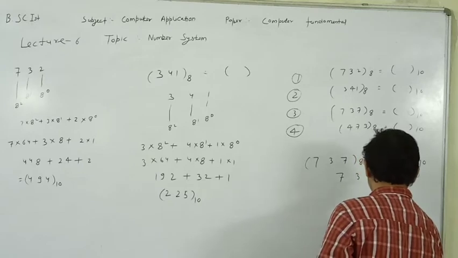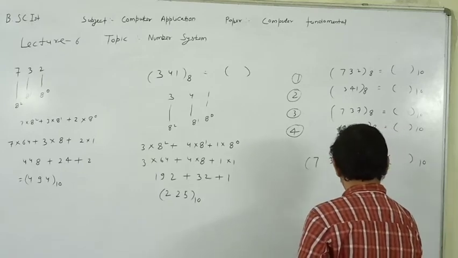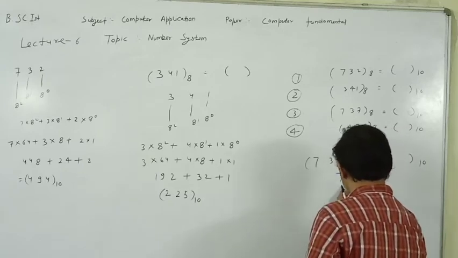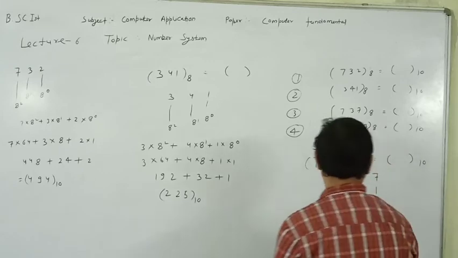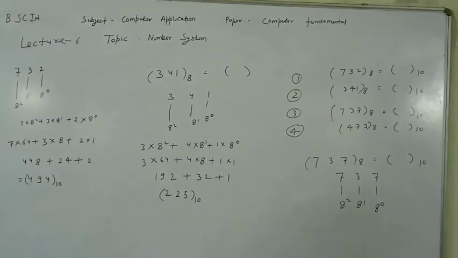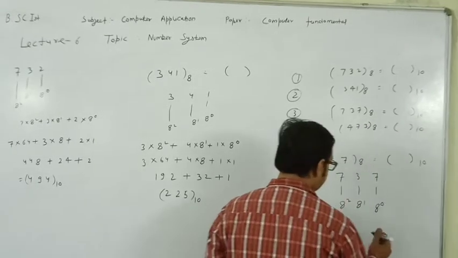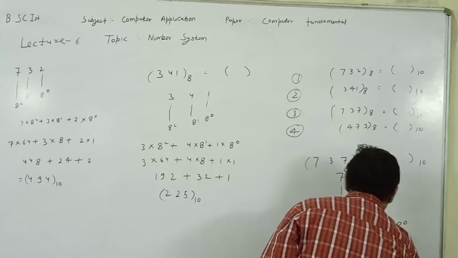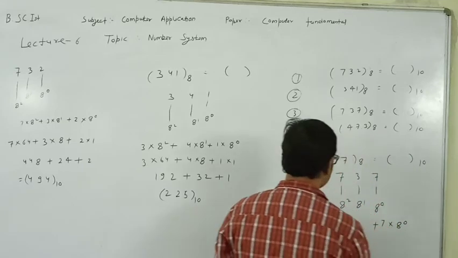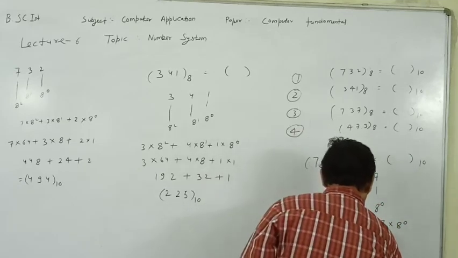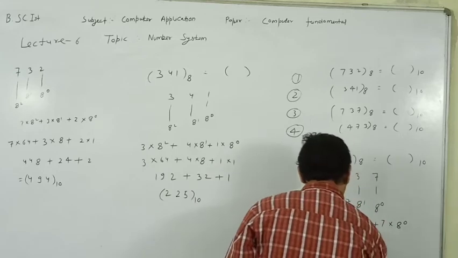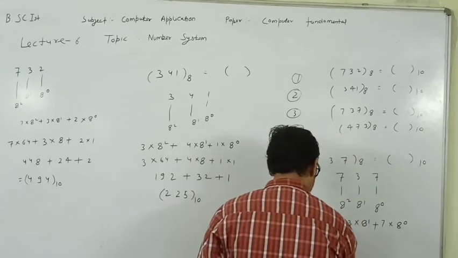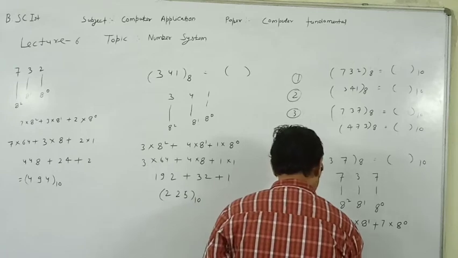This one is 8 power 0, this is 8 power 1, this gives you 8 power 2. Now write 7 into 8 power 0 plus 3 into 8 power 1 plus 7 into 8 power 2.